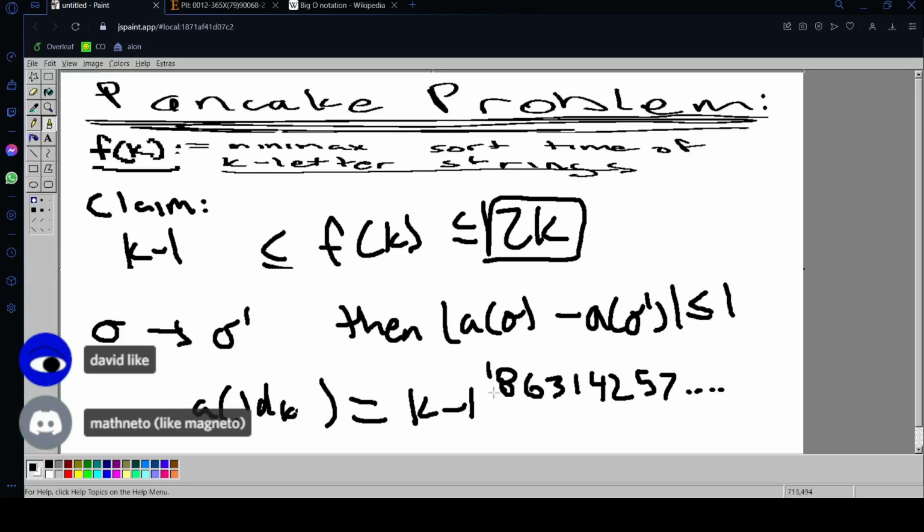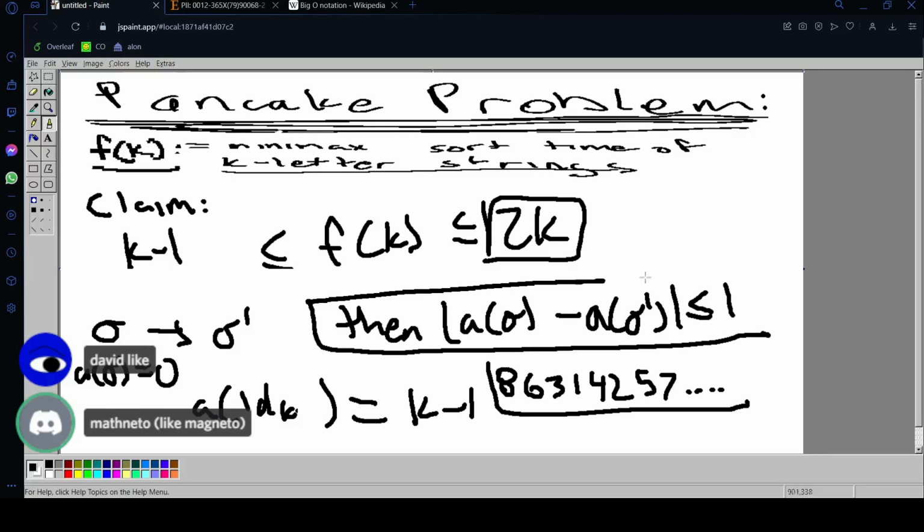And so for all large k, there exists some sigma where A of sigma equals 0. And so if we confirm this step, that whenever we apply a prefix reversal the adjacencies change by at most 1, then to start at 0 and end up at k minus 1 under this function, it would mean that we have to use at least k minus 1 reversals, if that makes sense.